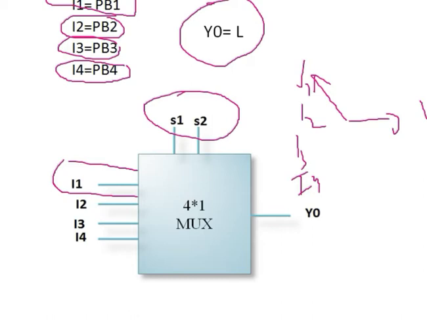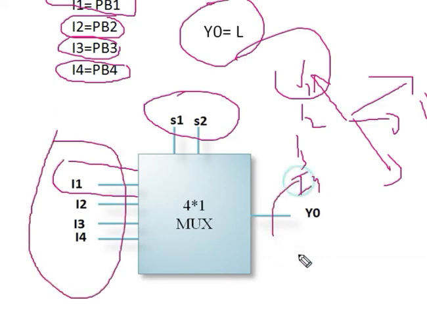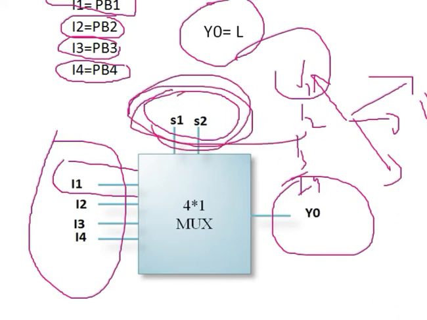Okay guys, means when you are selecting I1 we will get Y0, when you are selecting I2 you get Y0, means you have to select that destination. This Y0 may be Warangal, this Y0 may be Hyderabad, this Y0 may be Maharashtra, anything it can be. Okay, so at a time we can't give a number of inputs and we can't take a number of outputs. You have to take only one input, one output. Okay guys, you can take a number of inputs and your destination is only one when you are selecting S1 and S2, means they are selectors.